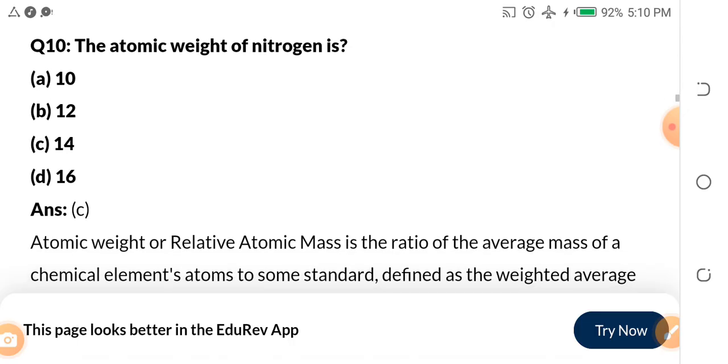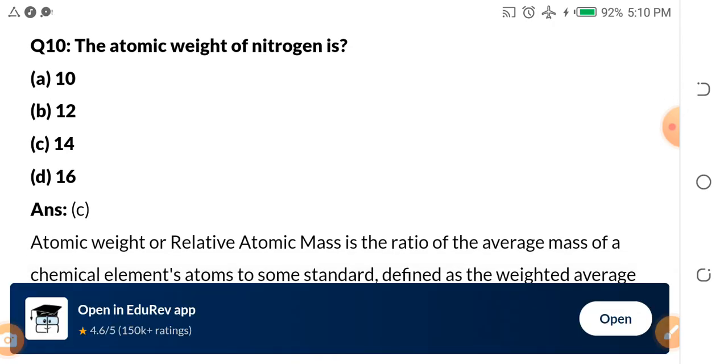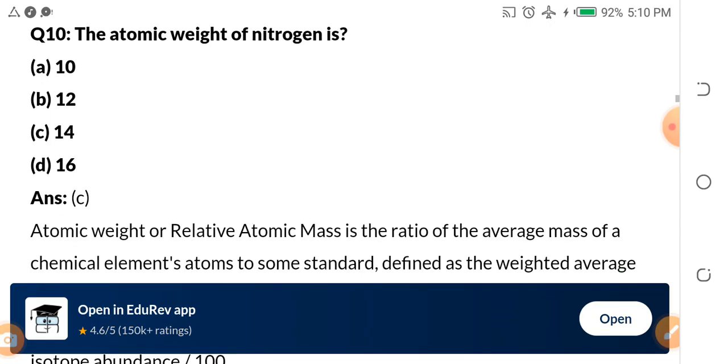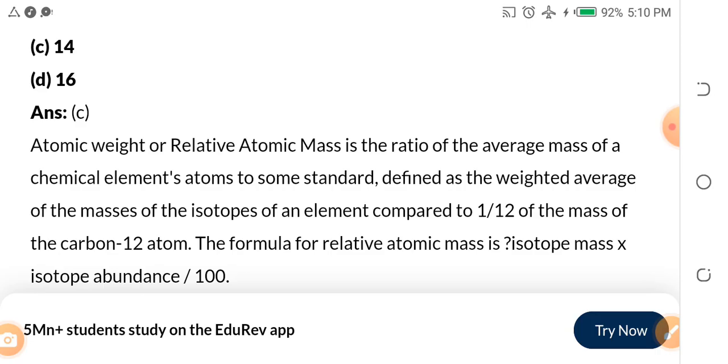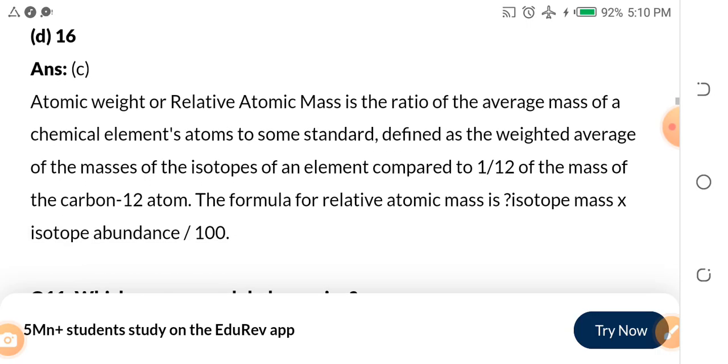The atomic weight of nitrogen is dash: 10, 12, 14, 16. Atomic weight, or relative atomic mass, is the ratio of the average mass of a chemical element's atom to some standard, defined as the weighted average of the mass of the isotopes of an element compared to 1/12 of the mass of the carbon-12 atom.